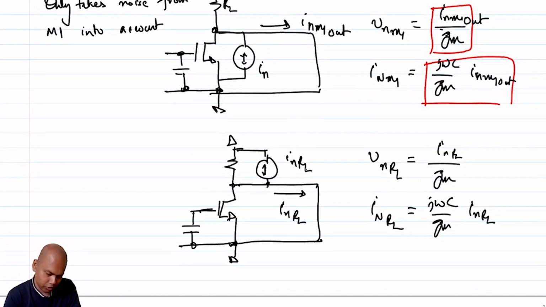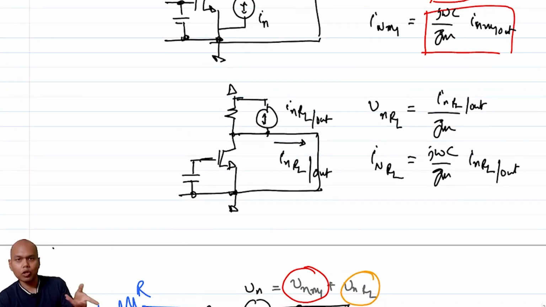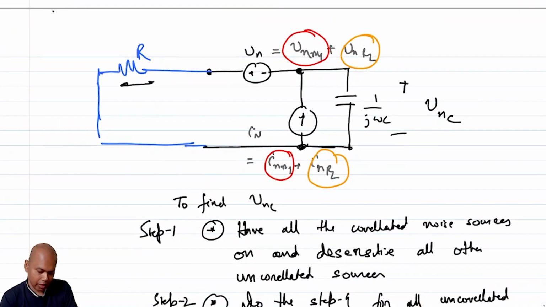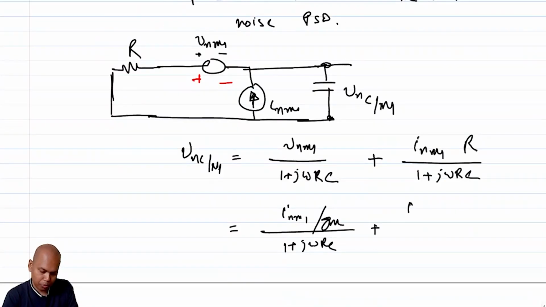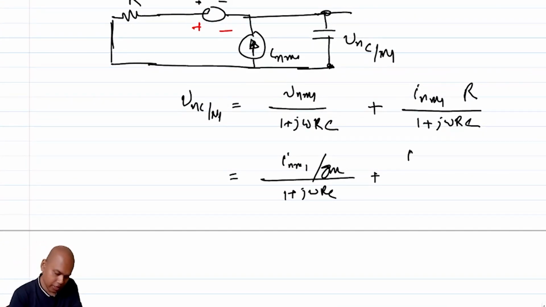Similarly, I should use INRL out. To distinguish that, one is the actual output current, and the other is a model referred current. In this case, INM1 is not an actual noise current source, it's a modeled one, but the output noise is actual noise, it's not a model noise.